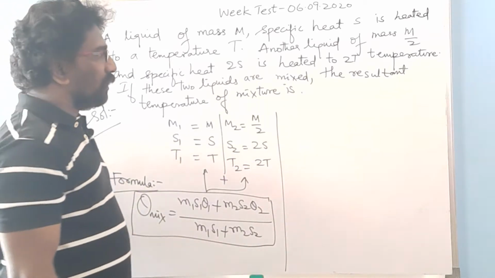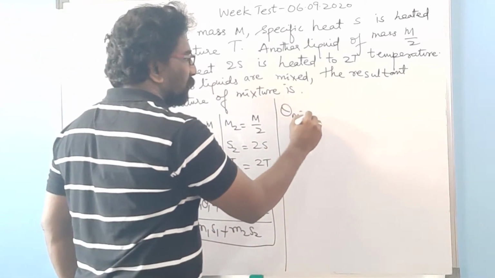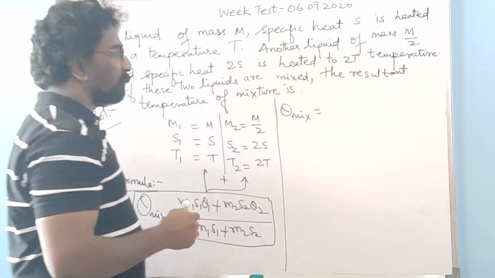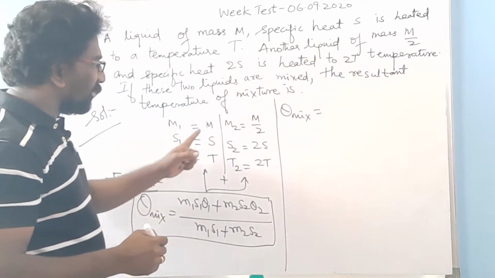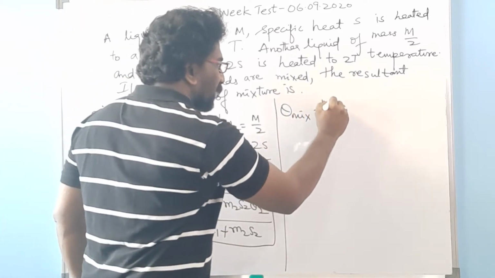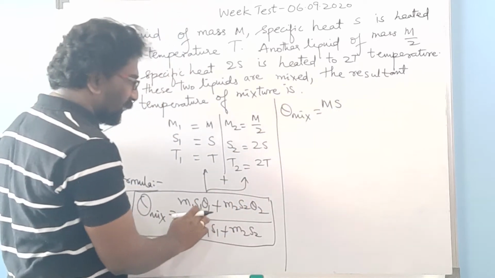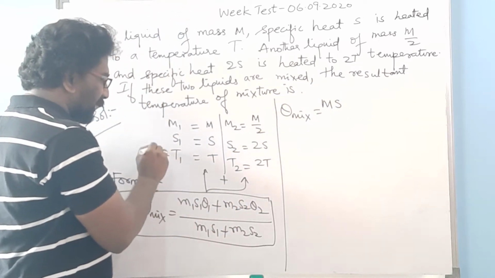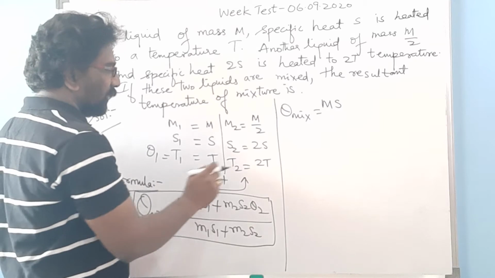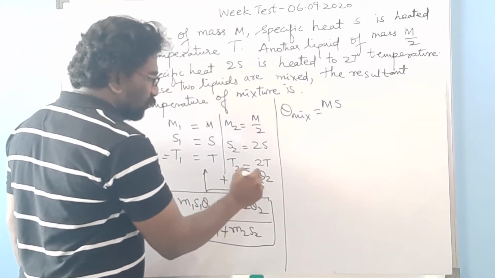So let us see now. We will substitute in this one. Theta mix is the resultant temperature of the mixture. That is equal to, m1 is equal to m, so you substitute here m, s1 is equal to s, theta 1 is equal to t1, and theta 2 is equal to t2.